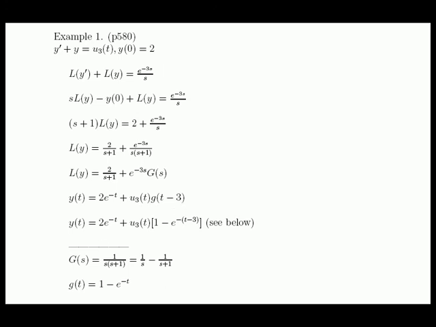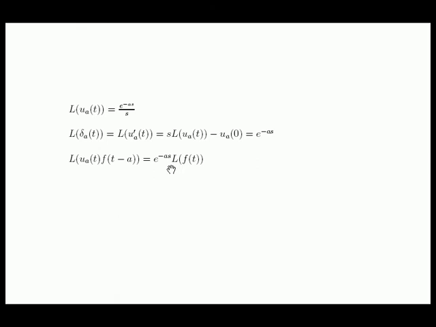Let's go back and look at that formula again. We're using this formula backwards, and we have e to the minus 3s times something that we know how to find the inverse transform of. This is capital F, we know the little f, capital G, we know little g.